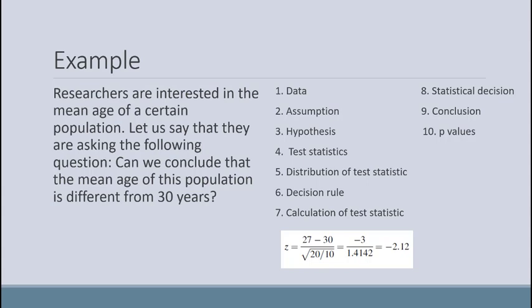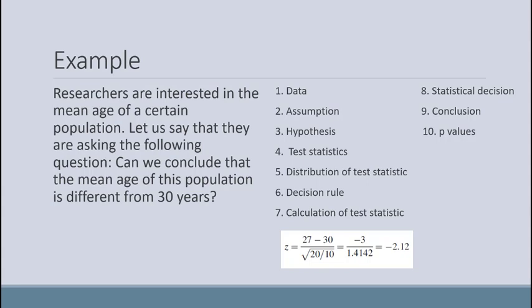0.034. The value of 0.034 is obtained from Appendix Table D and is the probability of observing a z-value that is greater than or equal to 2.12 or a z-value that is less than or equal to negative 2.12 when the null hypothesis is true.